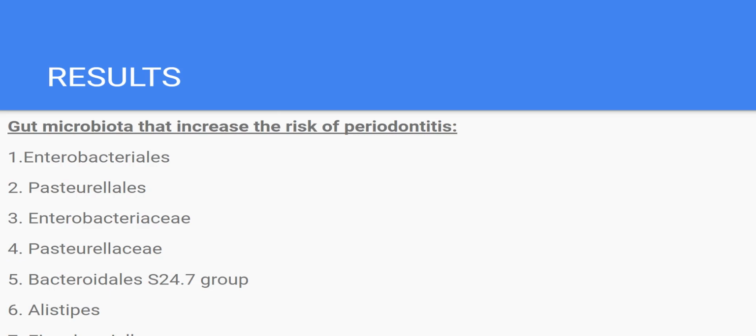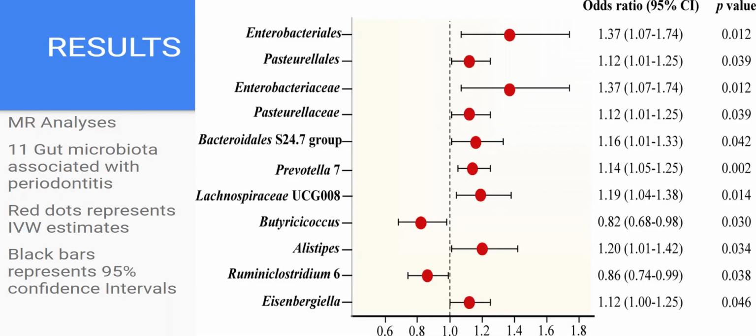First of all is the Enterobacteriales. As you can see here, the odds ratio is 1.37, and the 95% confidence interval is 1.07 to 1.74, and the p-value is 0.012.